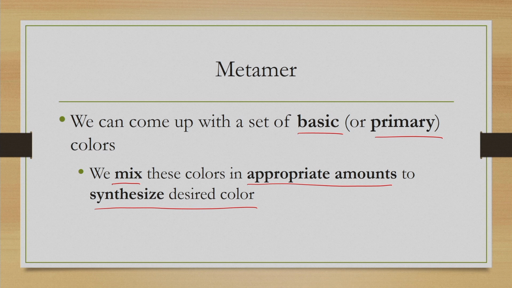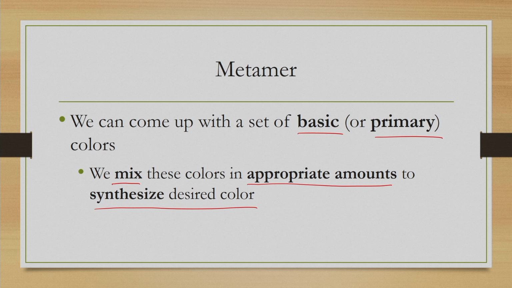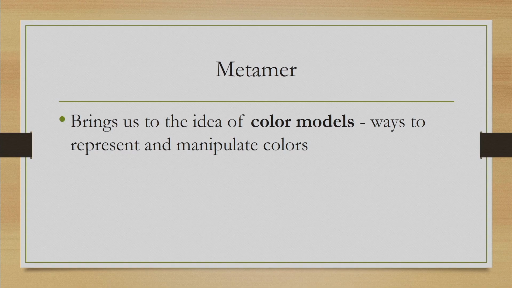Instead, we can always come up with a set of primary colors or basic colors, and then combine or mix these colors in appropriate amounts to get the sensation of the desired color. So, the idea boils down to finding the set of basic or primary colors.